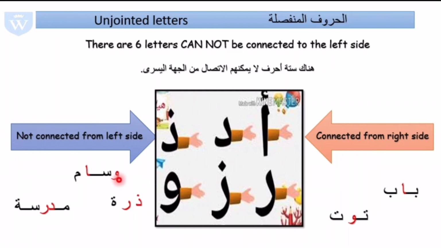Same as in Wissam. We have two unjointed letters here. One at the beginning, so I leave a space here, then sin and alif, which is one of the unjointed letters as well, so I leave a space. Same as dhura and madrasa.